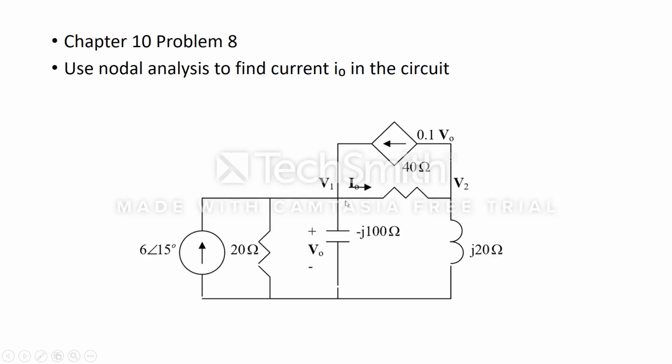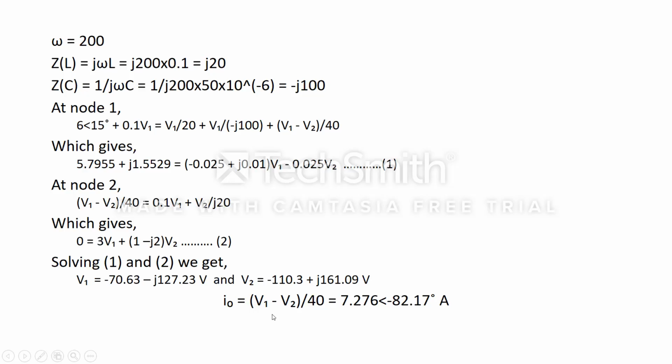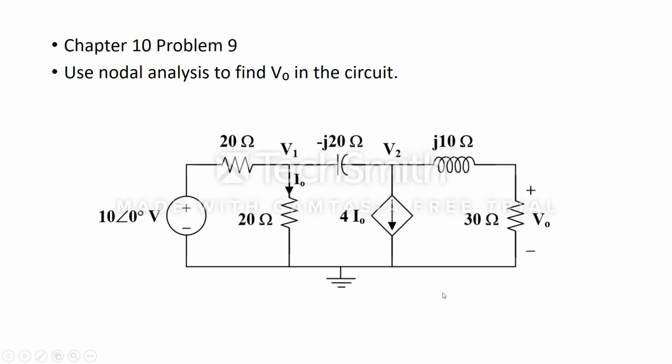So V2 minus V1 or V1 minus V2, whichever gives a positive result, by 40, that is the resistance value, gives us 7.276 with a phase angle of minus 82.17 degrees. And don't forget the unit, guys, it's ampere.